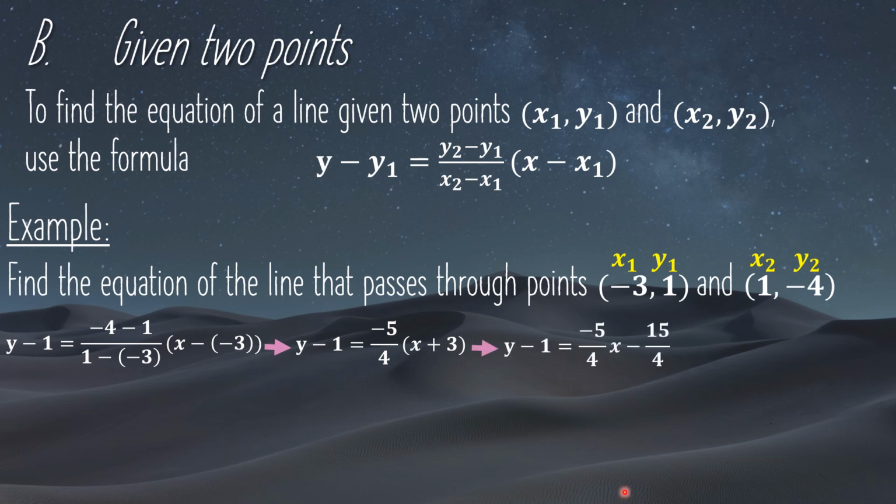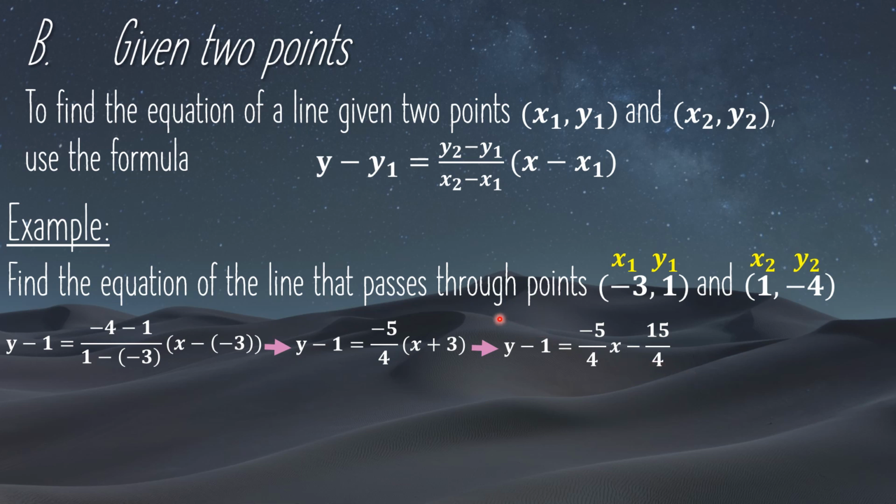So the resulting equation will now be y minus 1 equals negative 5 over 4x minus 15 over 4. Because negative 5 over 4 times x is this one, and negative 5 over 4 times 3 will be negative 15 over 4. Because negative 5 times 3 is negative 15. The denominator of whole number 3 here is 1, so 4 times 1 is 4.